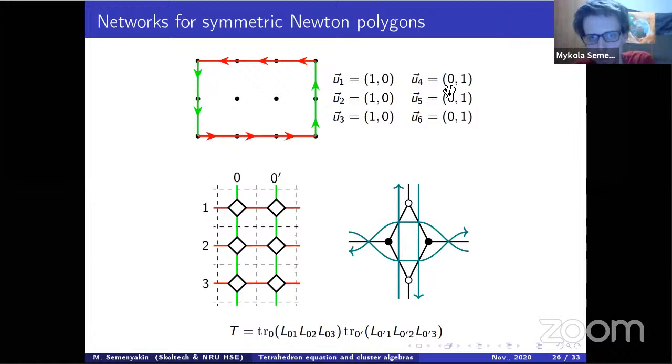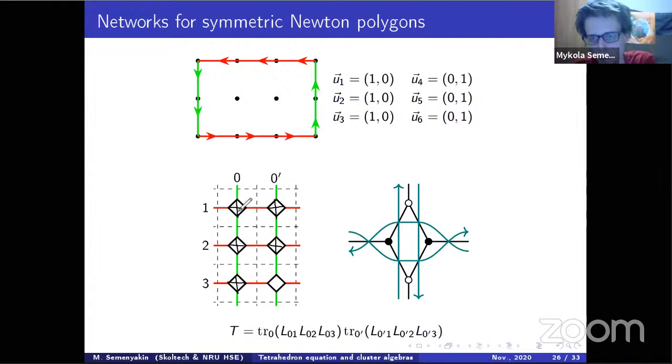And the recipe is the following: if you take the product of these operators, you have to just think that you have crossing of some paths here in each rhombus, and then you consider all paths which go like this, like thick paths, which are drawn in green and red here.